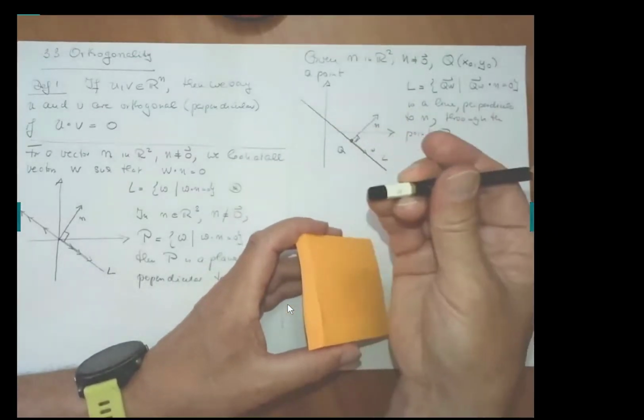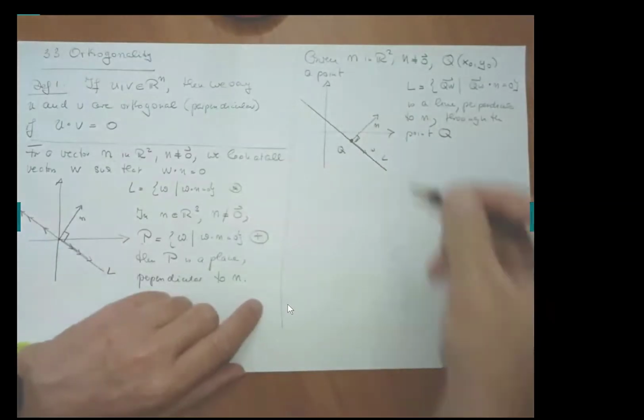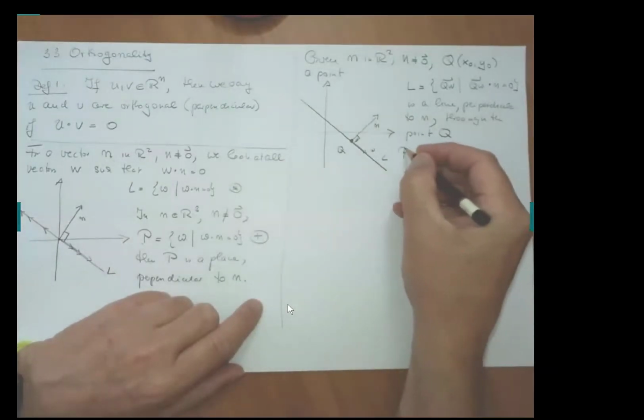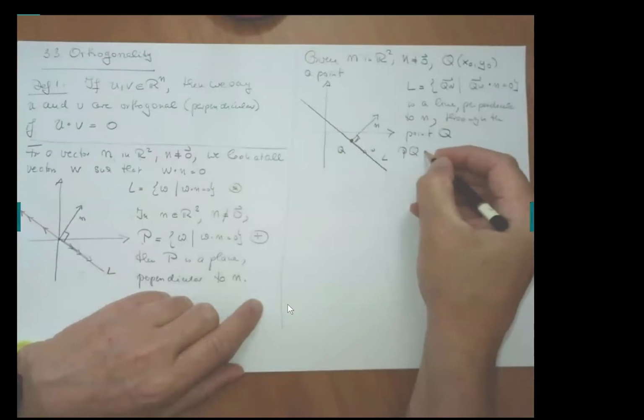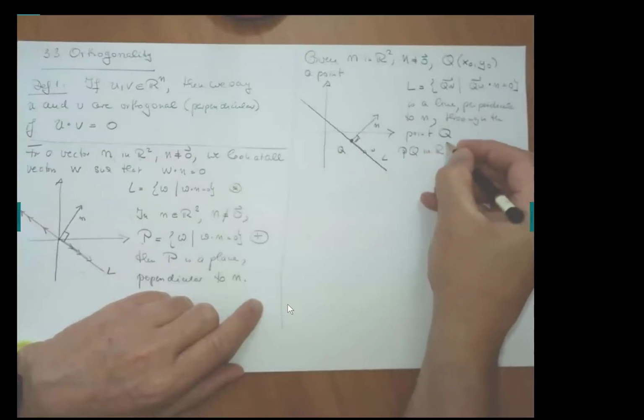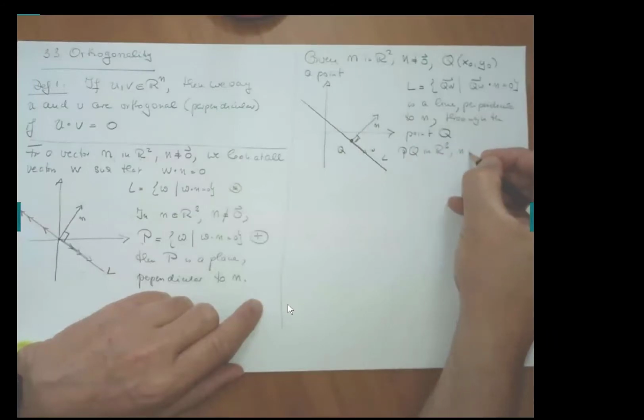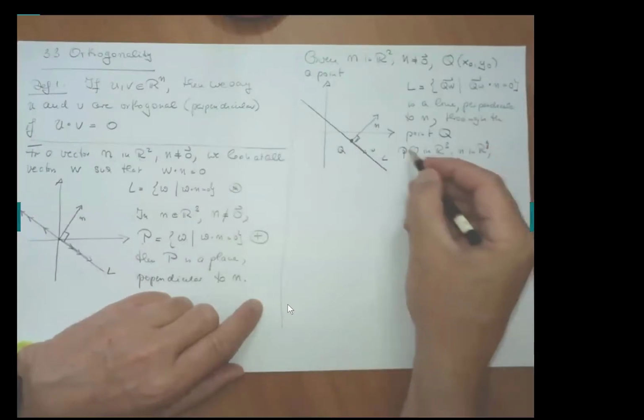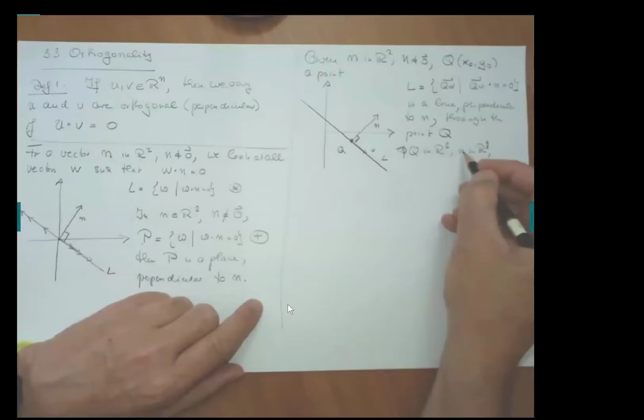perpendicular to n. So again, if you have Q in R3, n in R3, this is kind of confusing a little bit. So this is a point, this is a vector.